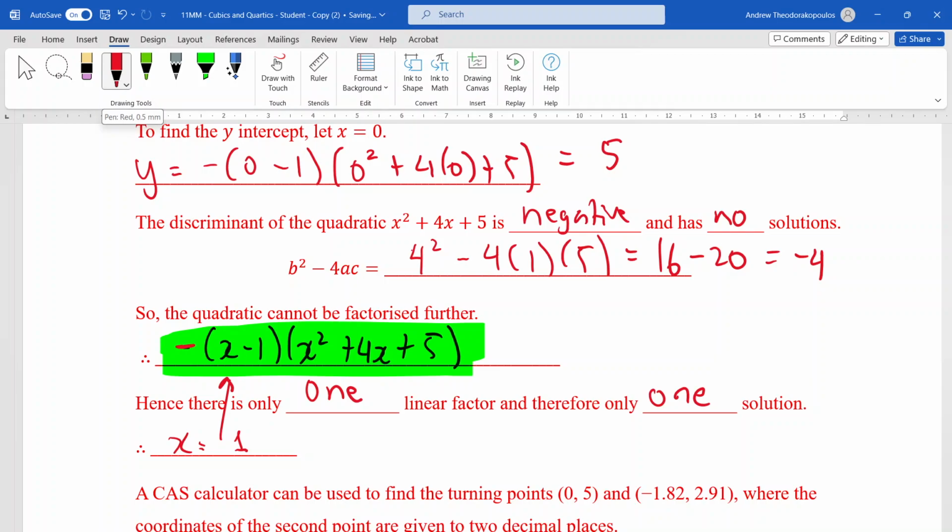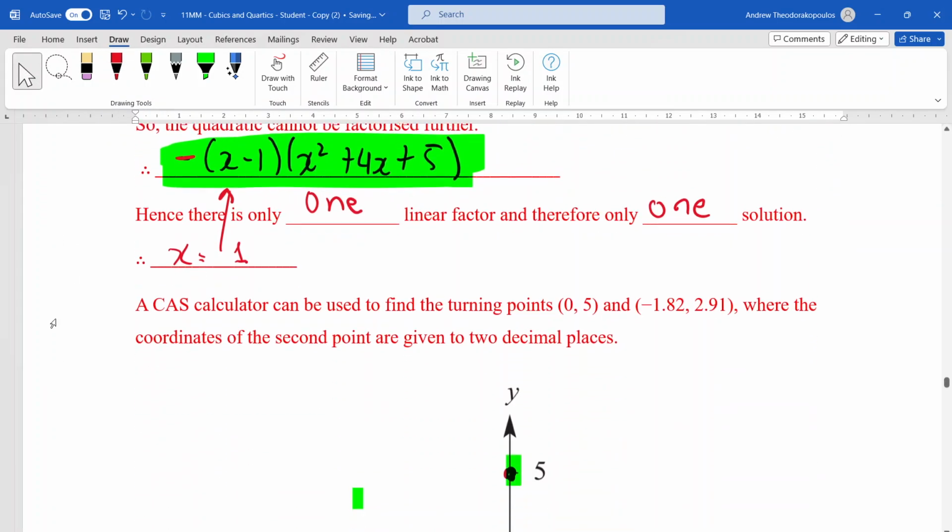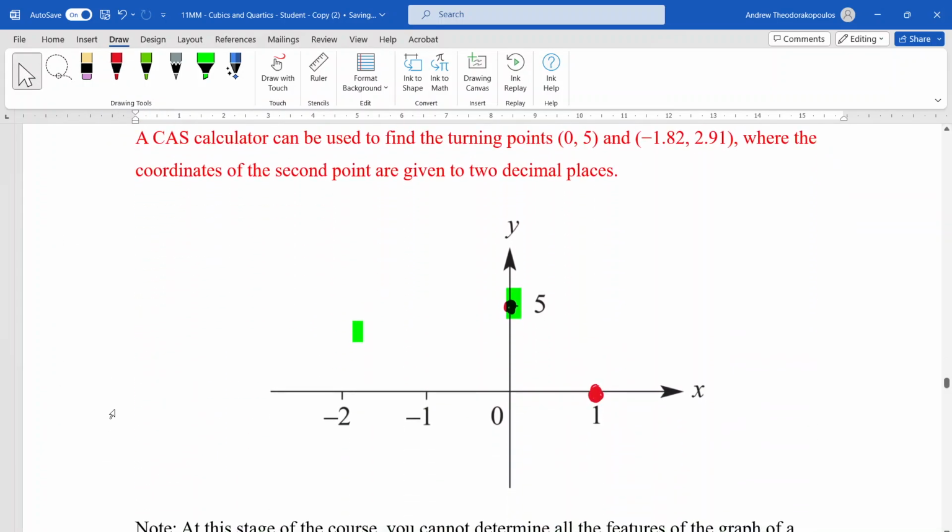Negative x times x squared will eventually give me negative x cubed. Okay, so we know it's a negative cubic. So let's just remind ourselves what a negative cubic looks like. Negative starts off by going downwards, and positive goes like that.